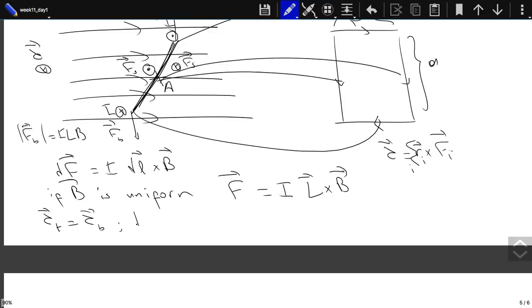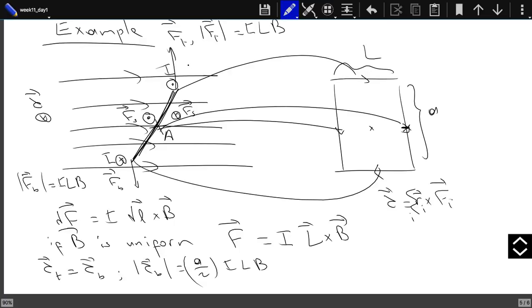And their magnitude, well, the magnitude of the torque is just the distance times the force. The distance is a over 2, since we are calculating the torque relative to the center, so the distance at which the force acts is a over 2 away, times the force. The force has a magnitude I times L times B. And what about the angle between the two?